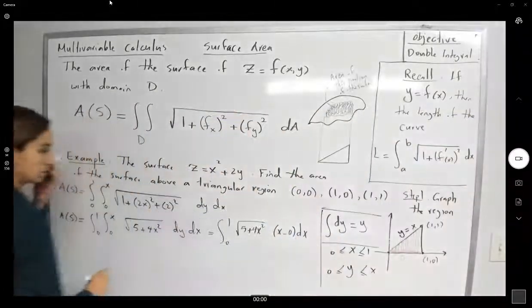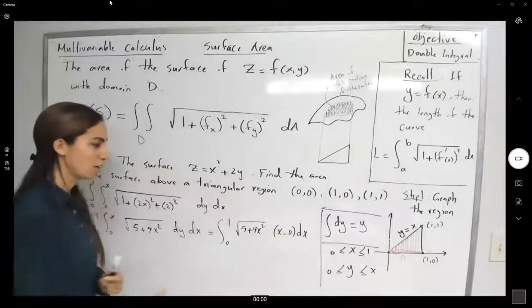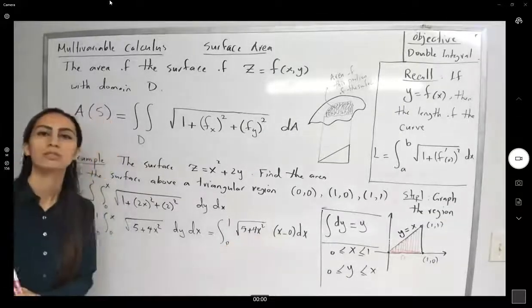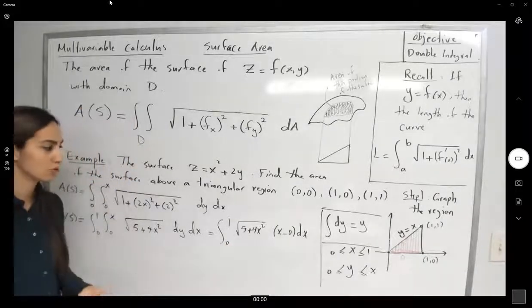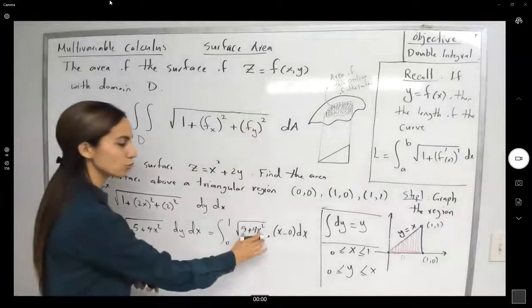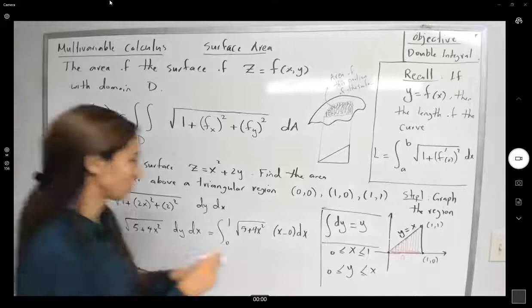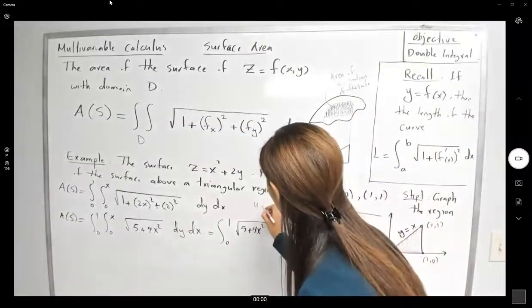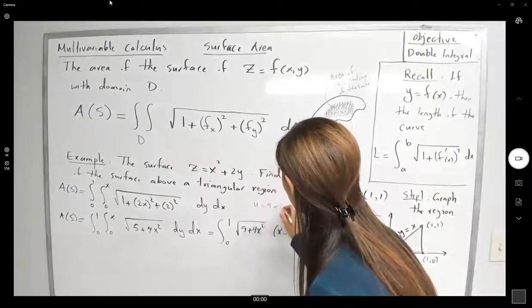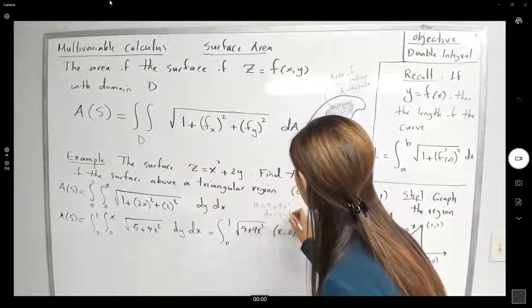Very well. Now it makes life much easier for me. Why is that? Because I can use the substitution method to calculate this integral. U is 5 plus 4x squared, and du is 8x dx.